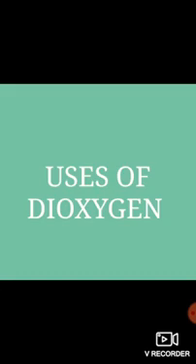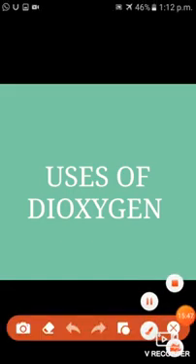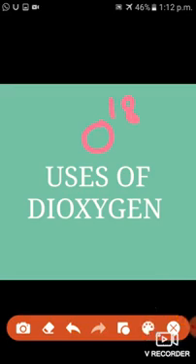And one of the most important, oxygen-18, is an isotope. It is used as a tracer in the study of reaction mechanisms, and it is used on a large scale for the production of TiO2 and synthesis gas, CO plus H2.